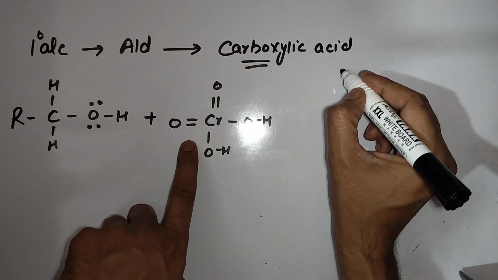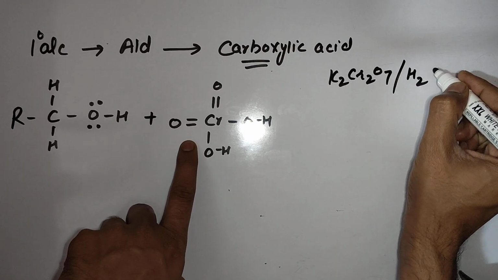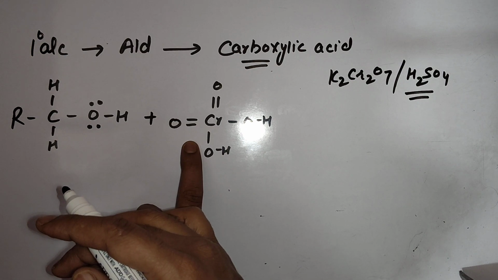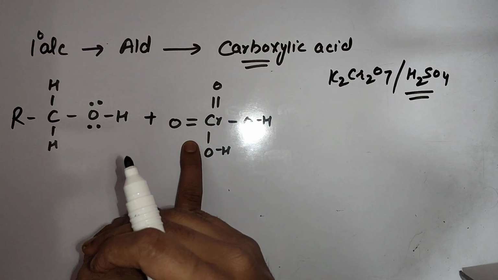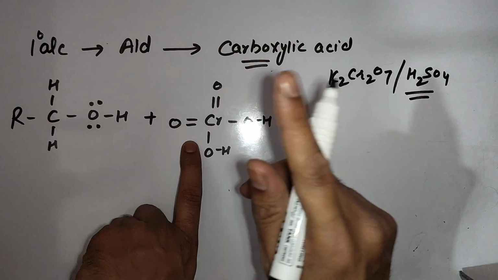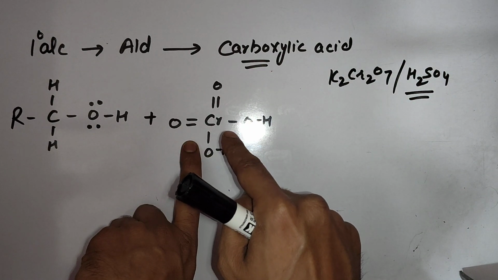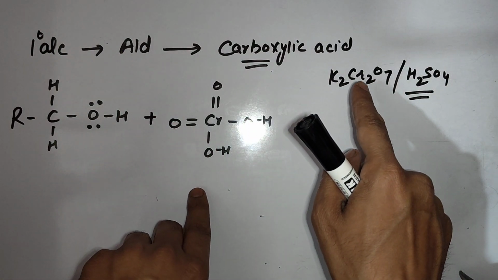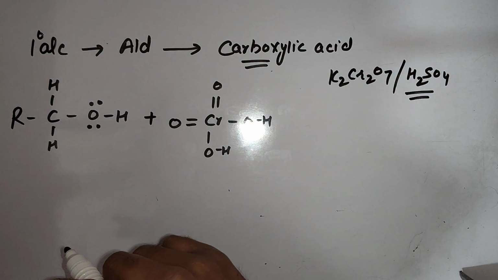When I oxidized alcohols with K2Cr2O7 and H2SO4, potassium dichromate, chromic acid was generated, and here also chromic acid is generated. So what do you think? Mechanisms will be different? No, mechanisms will be the same. Only the point is, here chromic acid is generated in a different way, and there chromic acid was generated from these reagents. Mechanism will be the same.